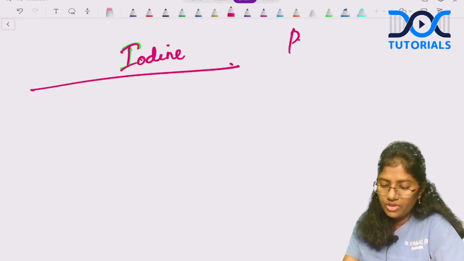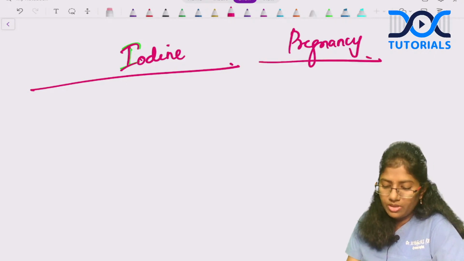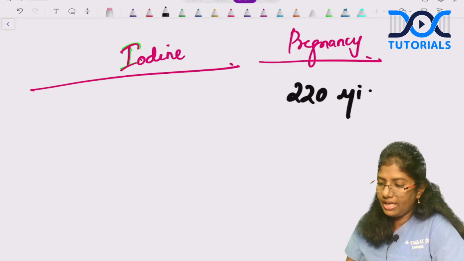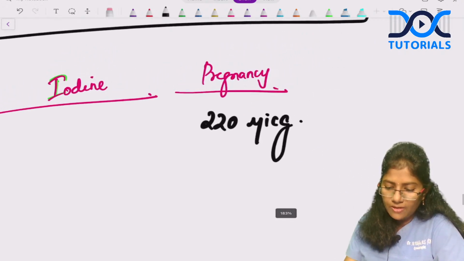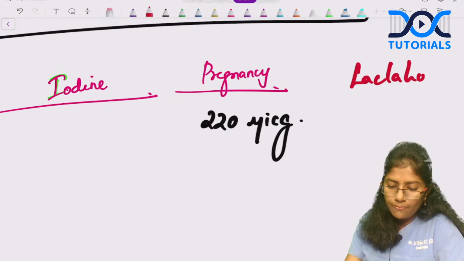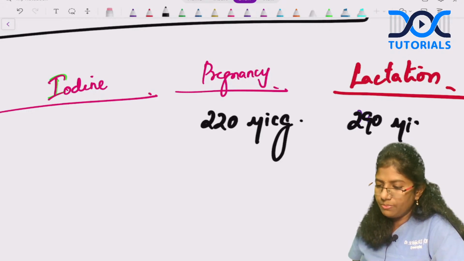The iodine requirement during pregnancy is 220 microgram per day. And the iodine requirement during lactation is 290 microgram per day.